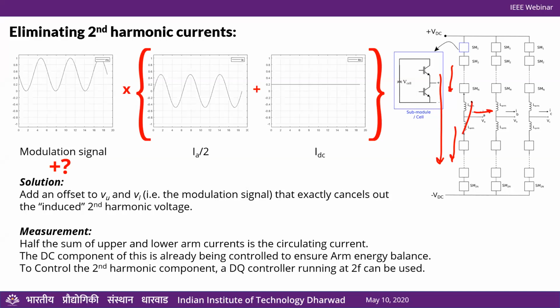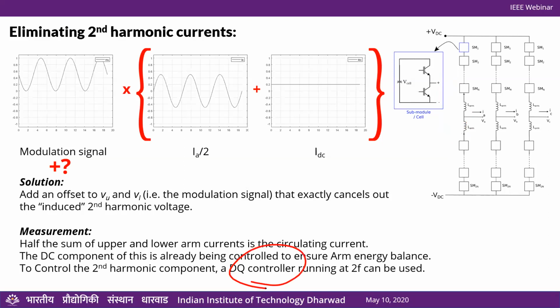To control the second harmonic, we can do it in DQ reference frame, because we want perfect elimination of this second harmonic component, which means we want infinite gain for our controller at second harmonic. And short of making a PR controller, the easiest way to do it is to run a DQ controller running at 2F, right?